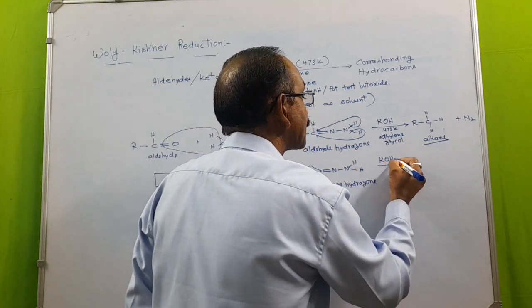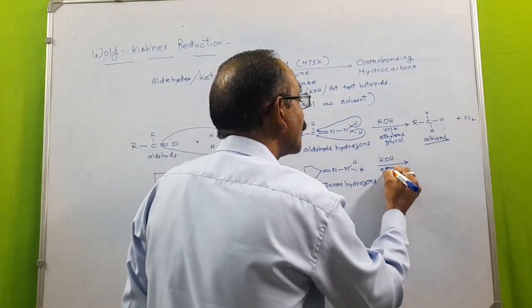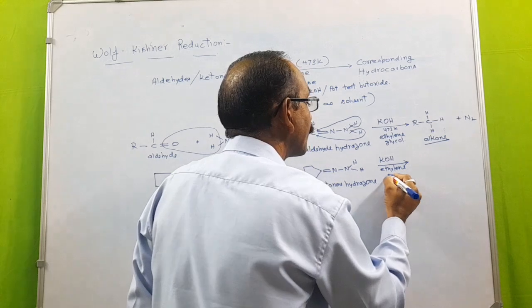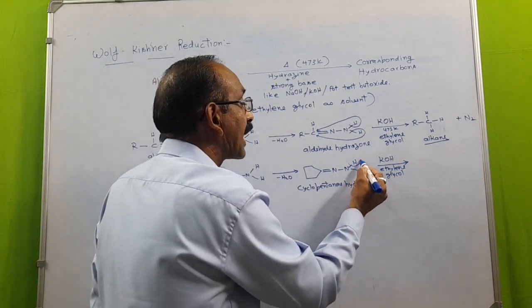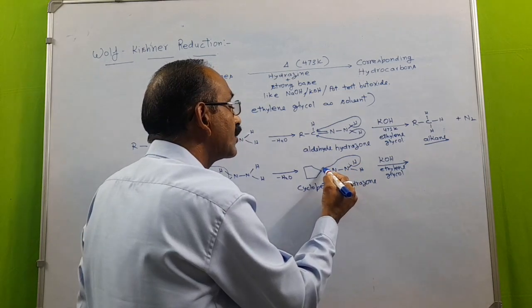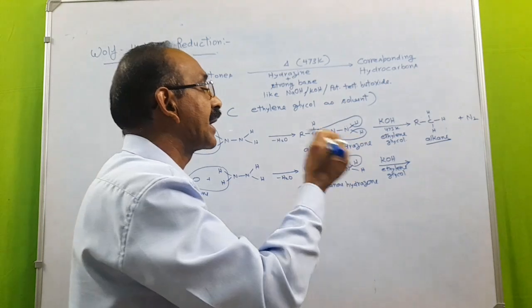Now the strong base KOH is taken here, and this KOH will remove these two active hydrogens. Active hydrogens means the hydrogens that remain linked with the more electronegative atom.